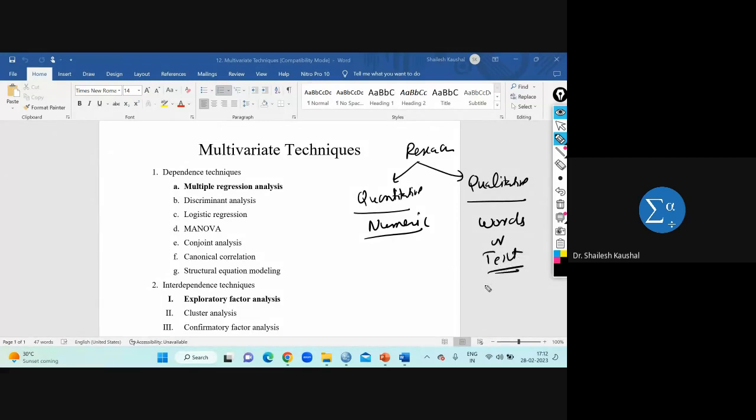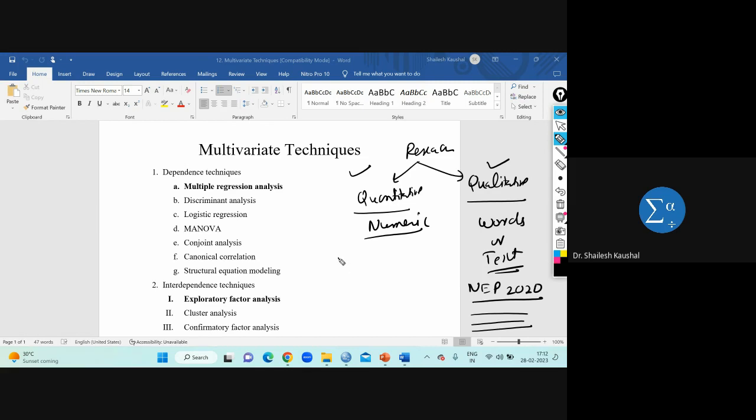If I ask you, what do you think about the new education policy 2020? Describe in 100 words. You are giving your opinion in 100 words. These are open-ended questions, which we use in qualitative research, but in quantitative research we use multiple choice questions.